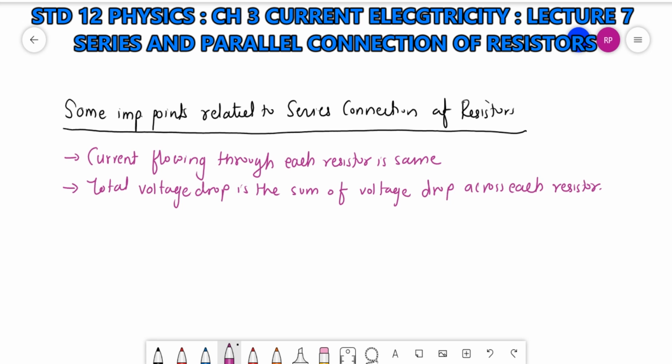The third point: the magnitude of equivalent resistance is always greater than the largest resistance.